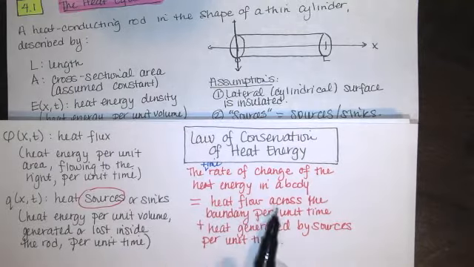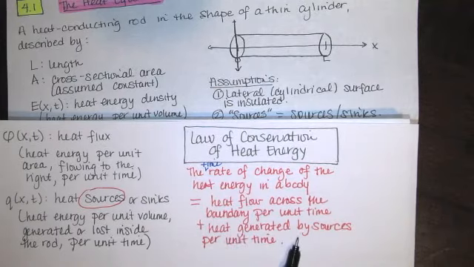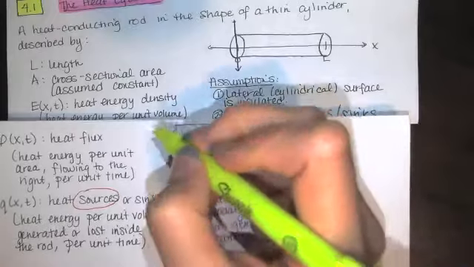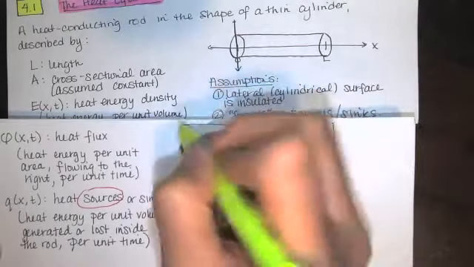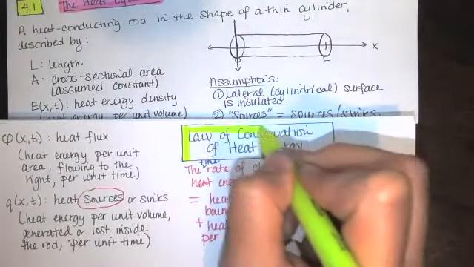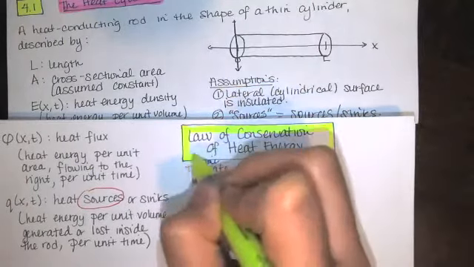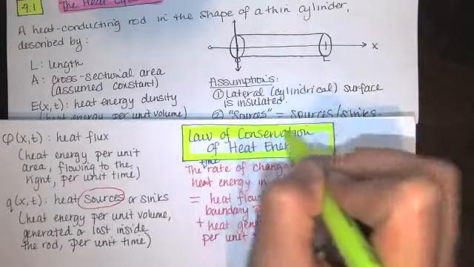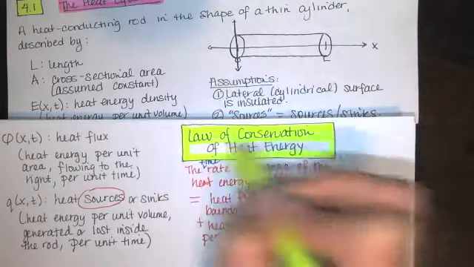You're just adding heat flow across the boundary plus any heat that is lost or gained by sources. So I think it's pretty intuitive. But given all of these physical parameters we've discussed, it's going to lead to a partial differential equation that we can solve. Simple, simple.